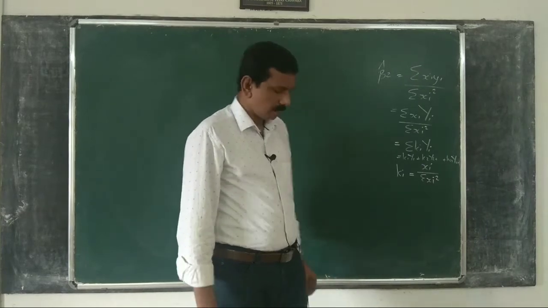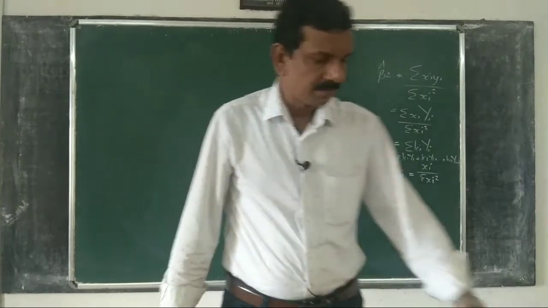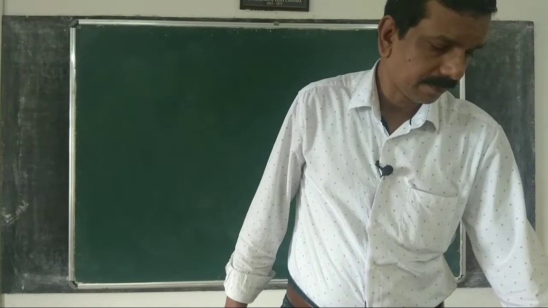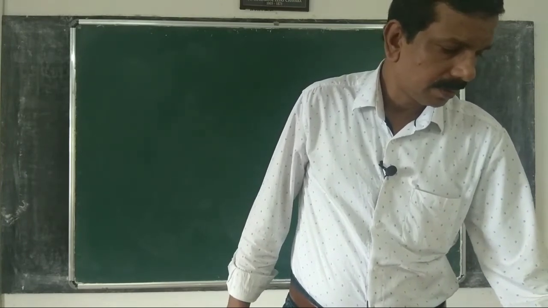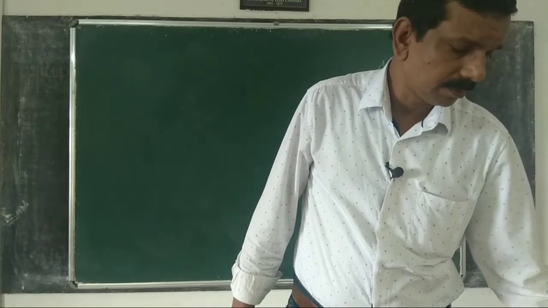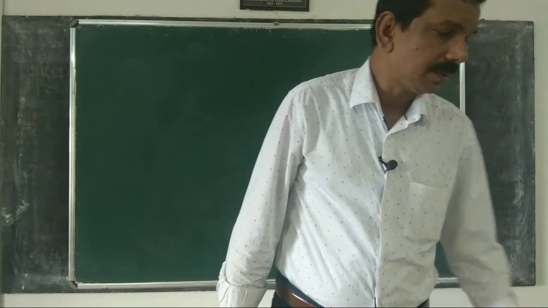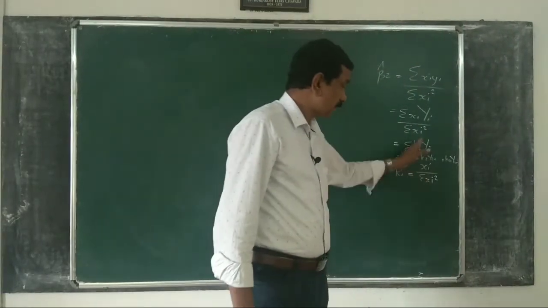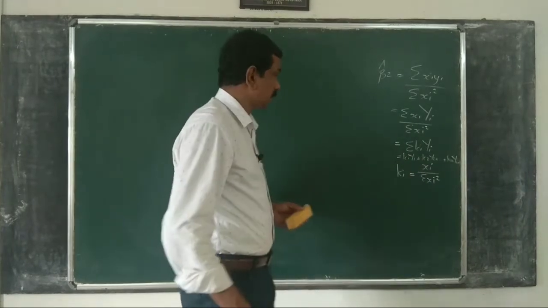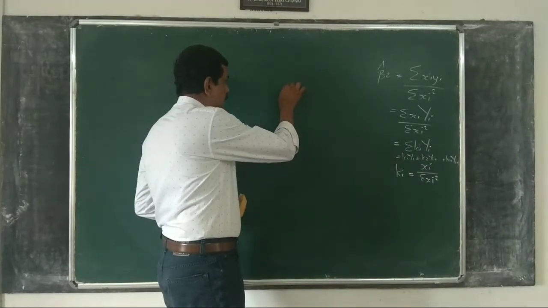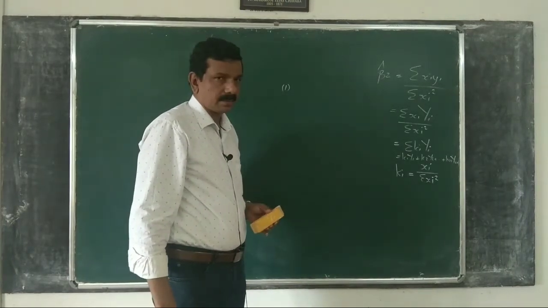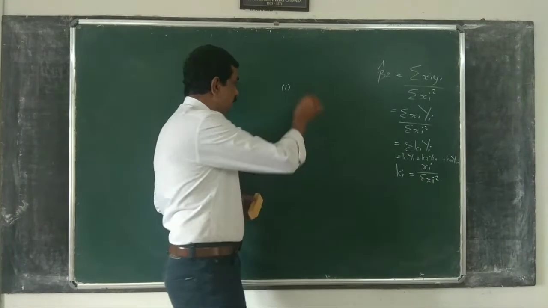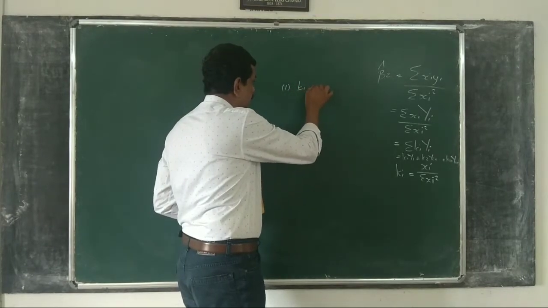So let us see what are the properties of the weight ki. The first property is that since xi is assumed to be fixed in repeated samples, xi is assumed to be non-stochastic. So as ki is equal to xi by sigma xi square, ki is also non-stochastic.